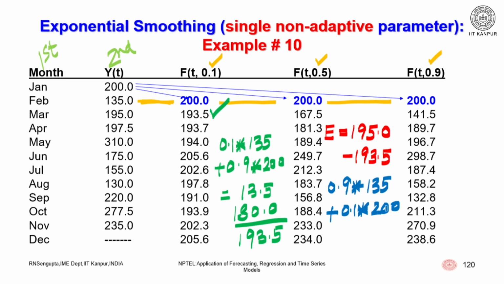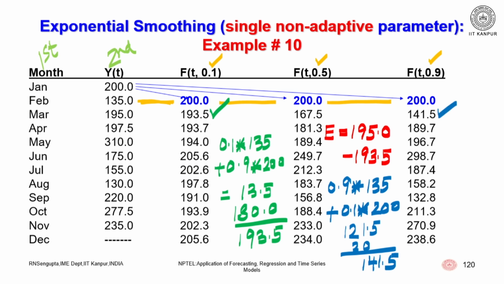So if I find it out, 9 5s are 45, 4 9 is 27, 1 3 is 3, 12, and this is 20. So this becomes 141.5, which is given here.